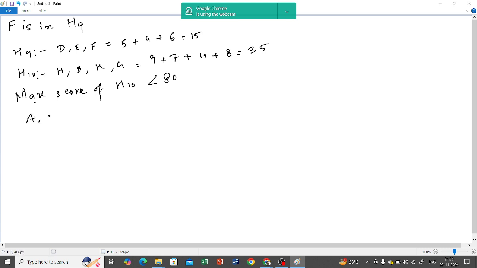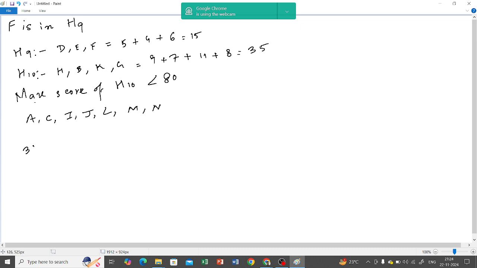A is left, C is left, I is left, J is left, L is left, M is left, N is left, right? These are the people who are left to be grouped under teams. So who are the people that I can place in H10?